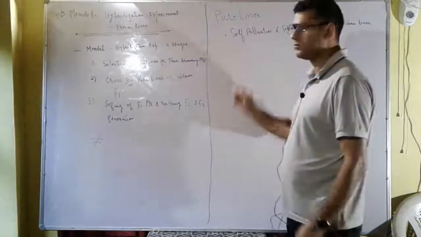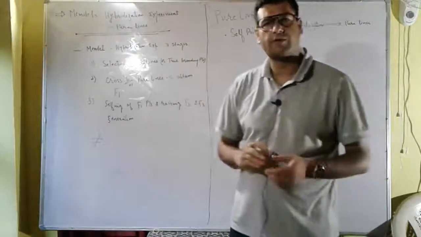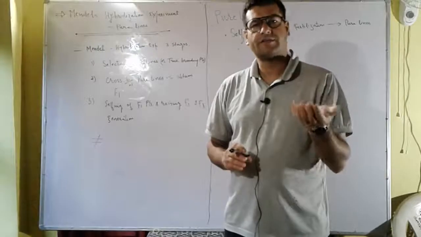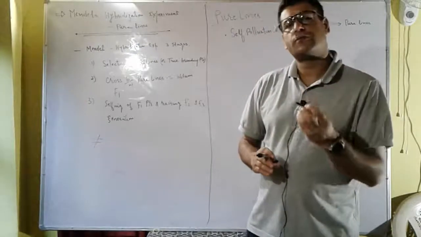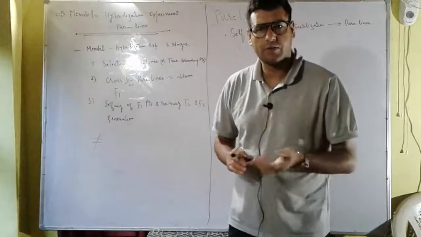And through many generations of natural self-pollination and self-fertilization, Mendel developed the pea plants into pure lines.